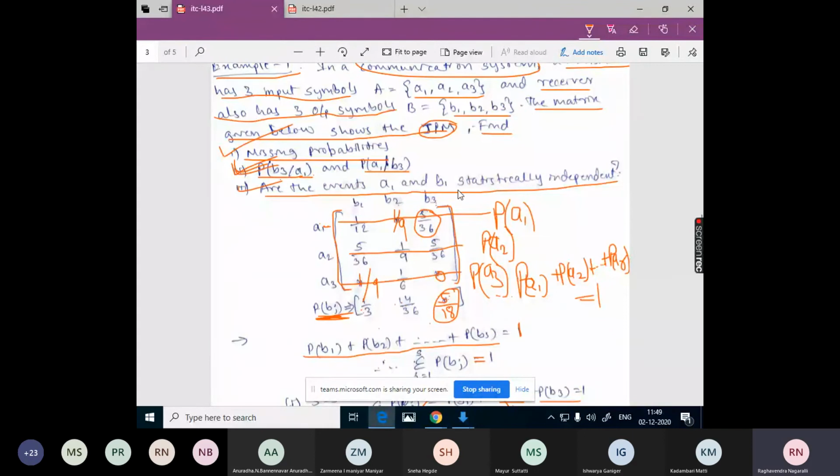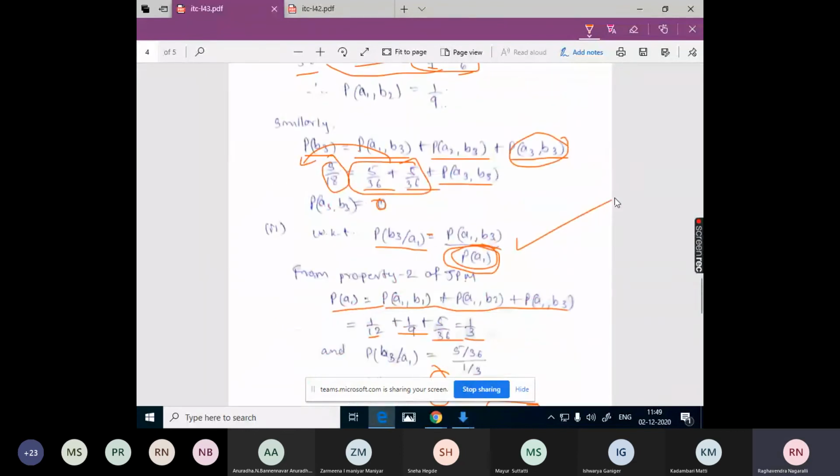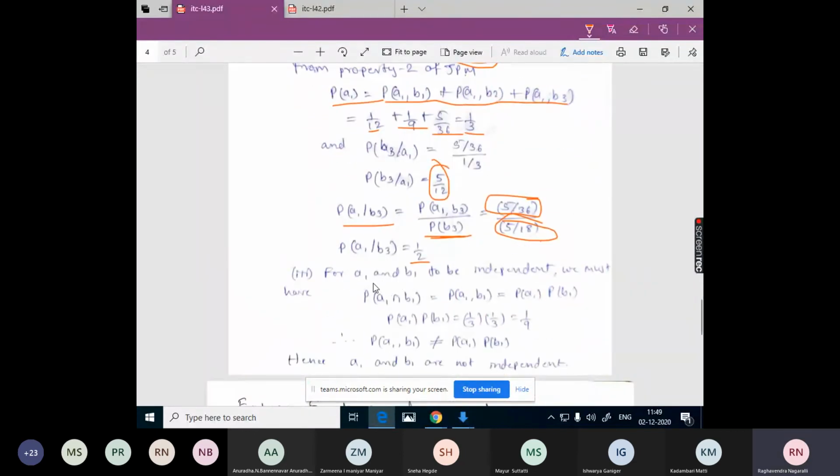Are the elements A1 and B1 statistically independent? So for A1 and B1 to be independent, we must have, we know this equation, P of A1 intersection B1, which is P of A1 comma B1, is equal to P of A1 into P of B1.